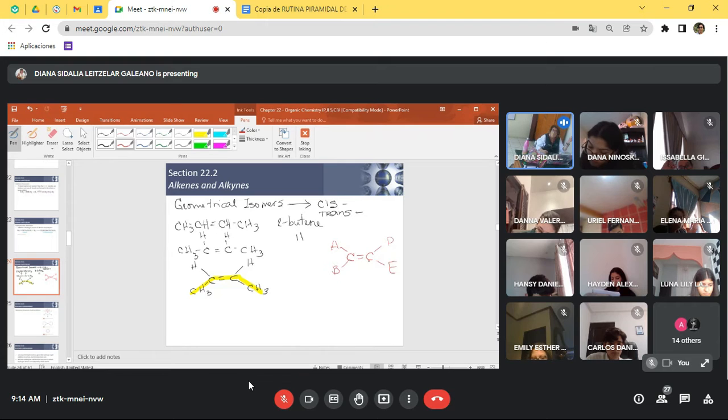For a geometrical isomer to exist, A cannot be the same as B. D cannot be the same as E. So it means that in the carbons of the double bond, the substitutes they have cannot be identical.